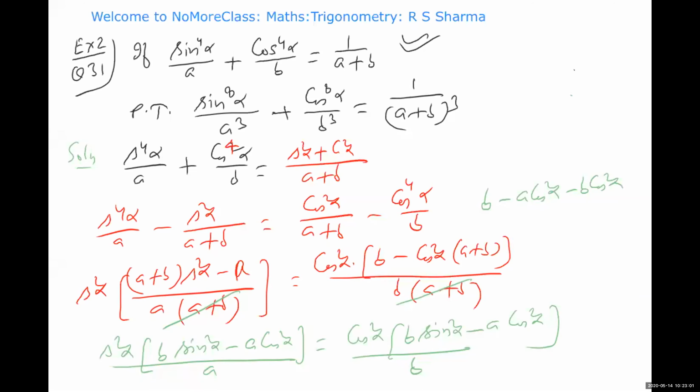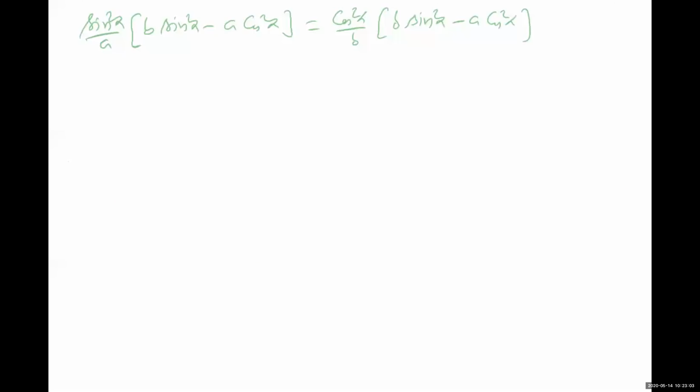So see here, in this, I can take this common. B sin square alpha minus a cos square alpha is common. Minus a, so what will be left?